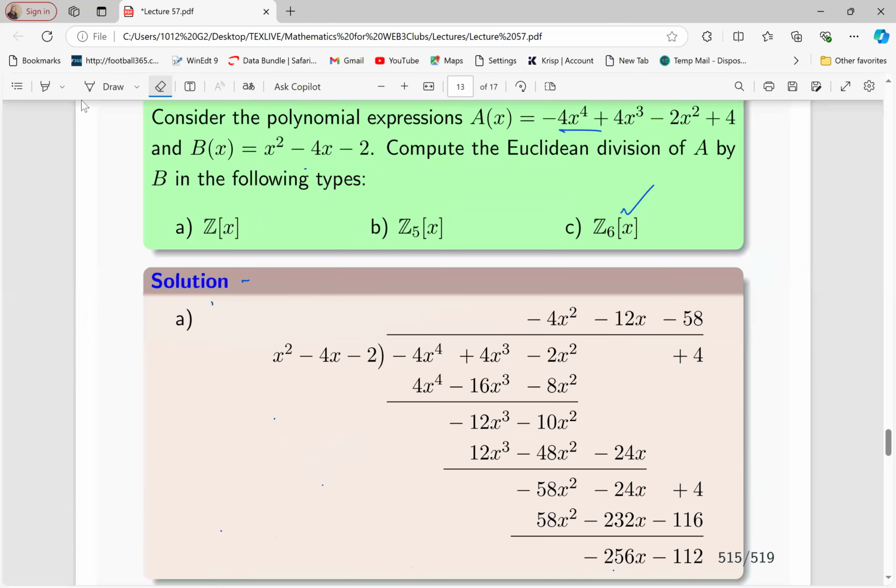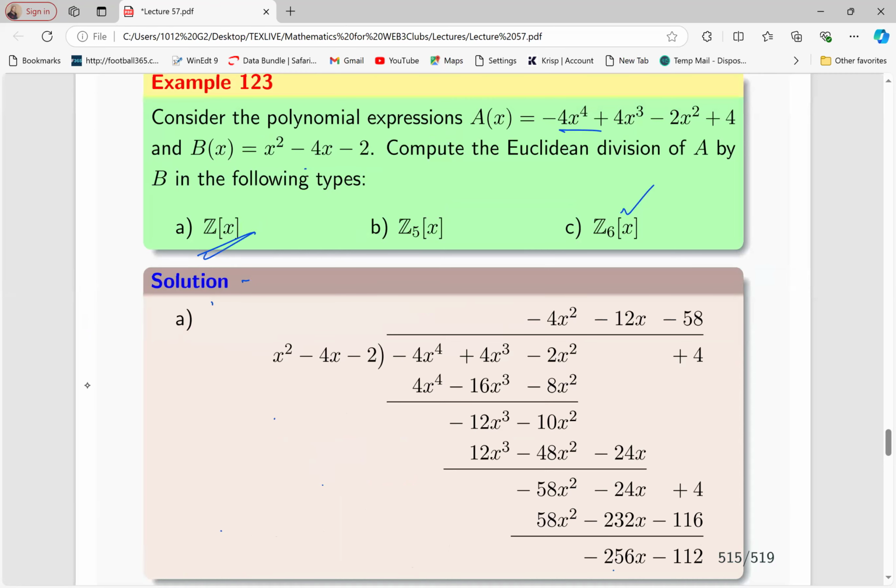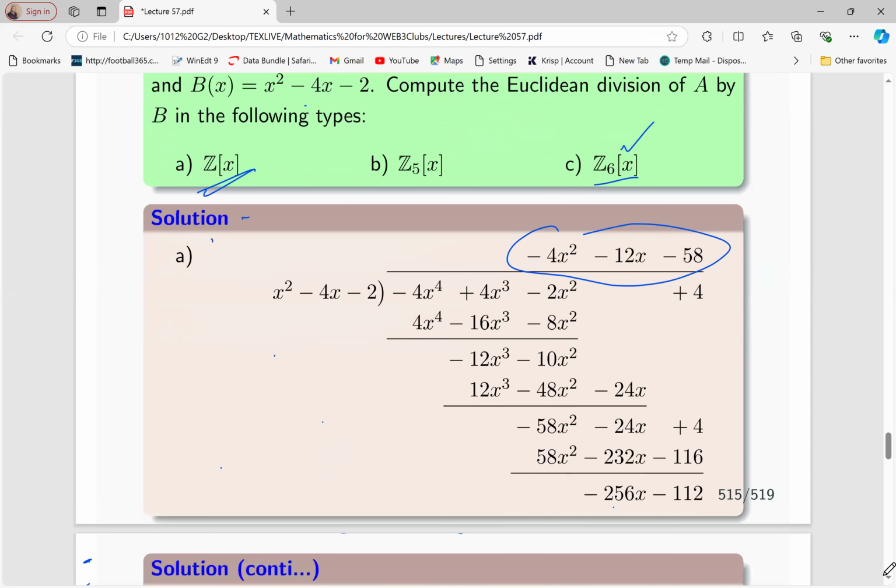The first strategy was that I will first of all do it as integers, the normal way. Then the final result, reduce it mod 6. So the final result that we have for the quotient is that, and the final result that we have for the remainder is here.